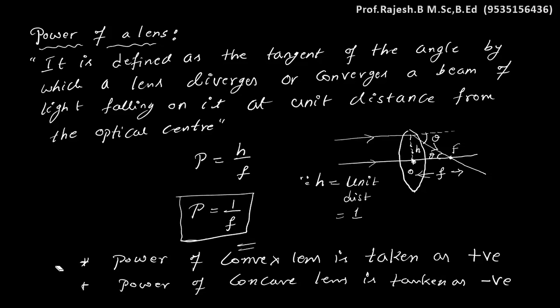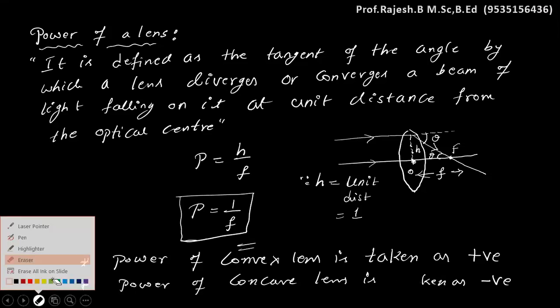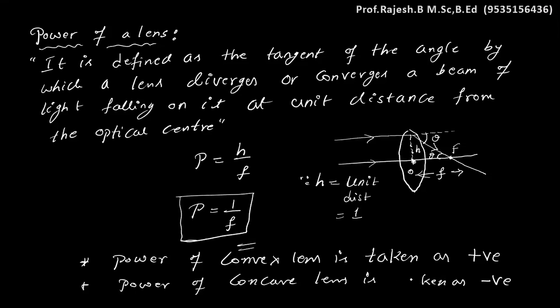Okay, because it depends on the focal length, right? So for the convex lens, focal length is positive, hence power also comes positive. But for the concave lens, focal length is negative, hence it comes with a negative sign.